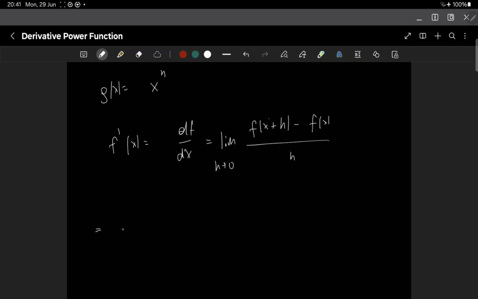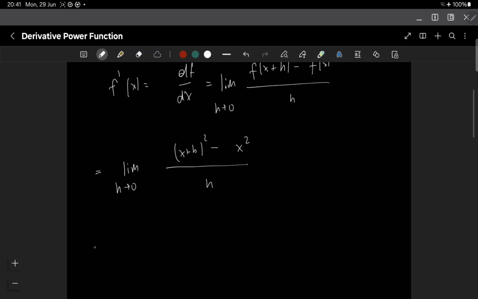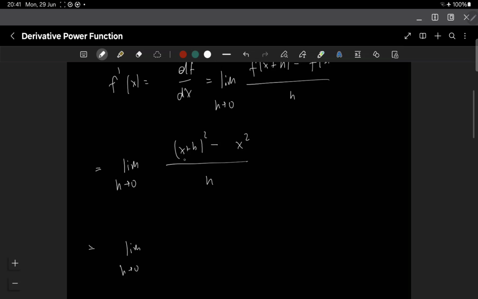So this is going to be the limit as h tends to 0 of (x plus h) squared minus x squared, because here the argument is x plus h, so we have to take x plus h squared, and here the argument is only x, so we take only x squared, divided by h. Now we're going to use the binomial formula.